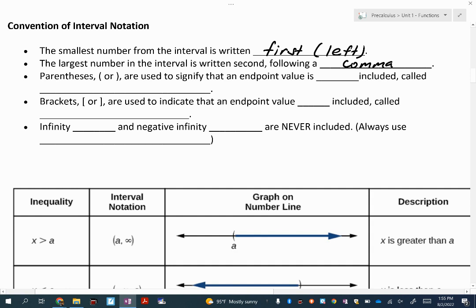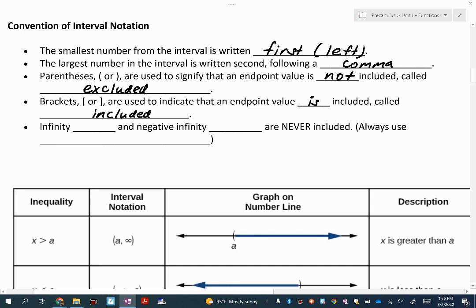Okay? If you're using parentheses, you're signifying that the value that your parentheses is around is not included. All right, so we say it's excluded or exclusive. All right, and then if you use a bracket, that's to indicate that your value is included, and we say included or inclusive.